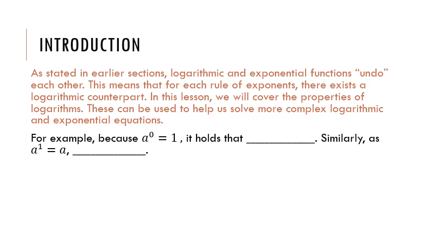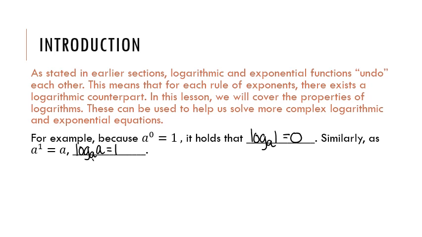For example, because a to the 0 equals 1, it holds true that log base a of 1 equals 0. Similarly, as a to the first power equals a, log base a of a equals 1.